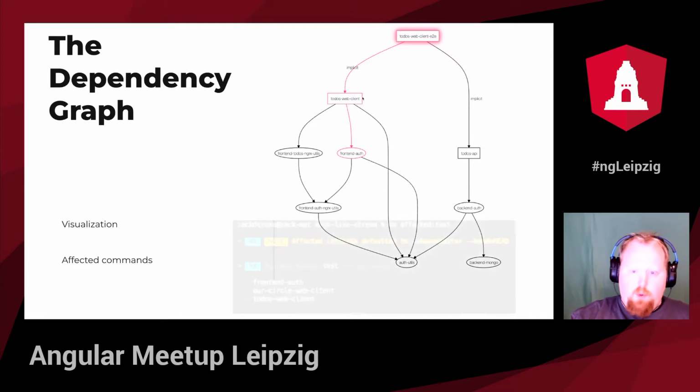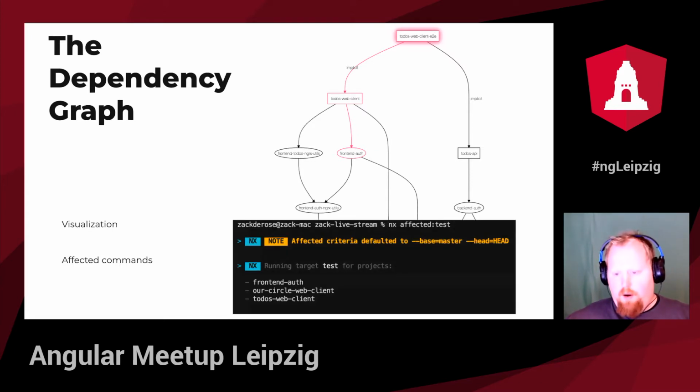And the way that's going to work for us when we're running our commands, if we use the nx affected command, we can run nx affected test here, which is going to determine which libraries or projects could possibly have been affected by this. And we're only going to run our test target against those projects, which could be a huge benefit to you as a developer if you're not sure which things could possibly be broken by this change I made.